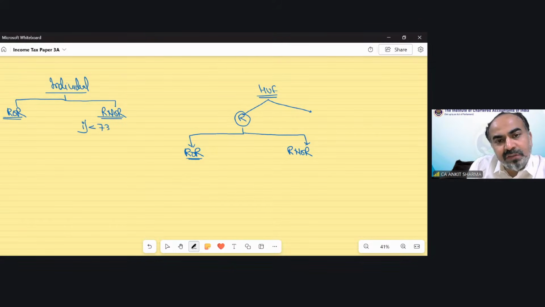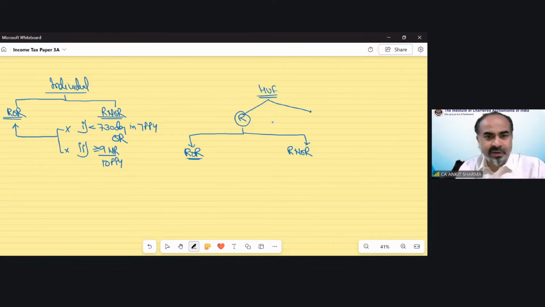If this condition is fulfilled, 730 days or less in 7 preceding previous years, only one needs to be fulfilled, or 9 or more years non-resident out of 10 preceding previous years. If any one of them is fulfilled, you will be a RNOR. If none is fulfilled, then you will be a ROR. I am not writing down the third condition, just two conditions here to make you understand.